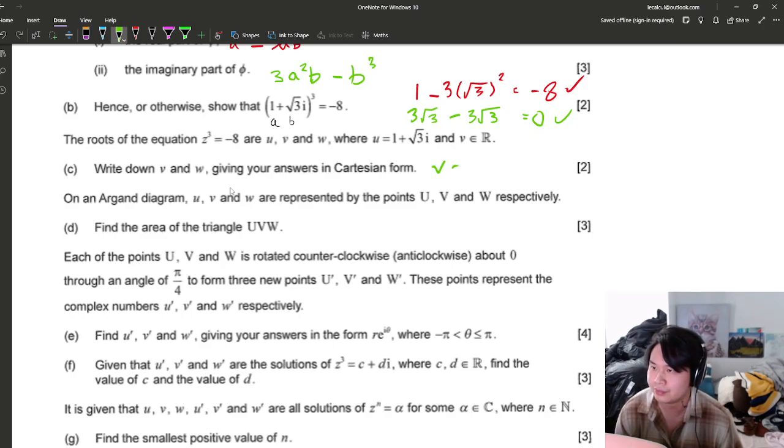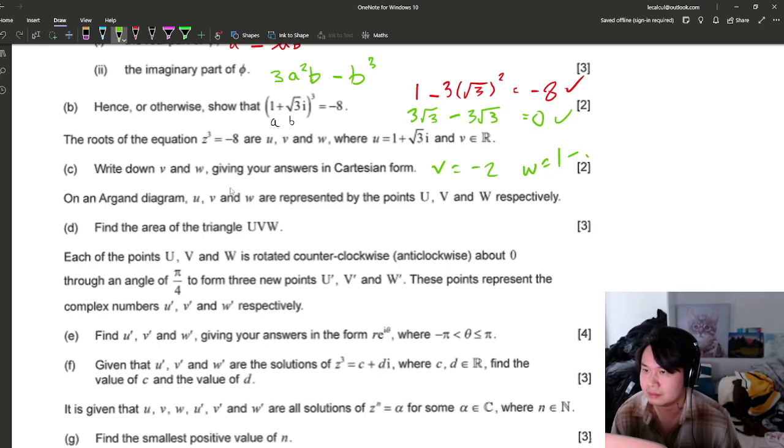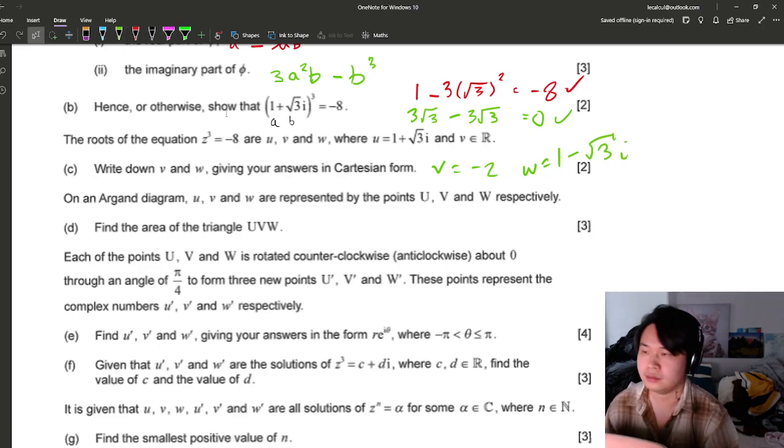So v is -2. -2 times -2 times -2. And then w is the conjugate of the complex root. So this is the conjugate root theorem, right? We have a polynomial that has real valued coefficients and constants. So if you have a complex root, then the conjugate is also a solution.